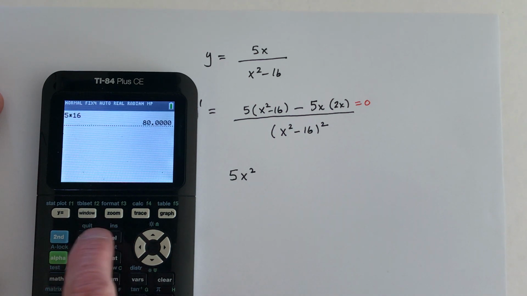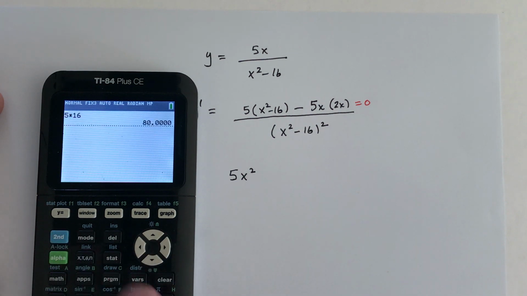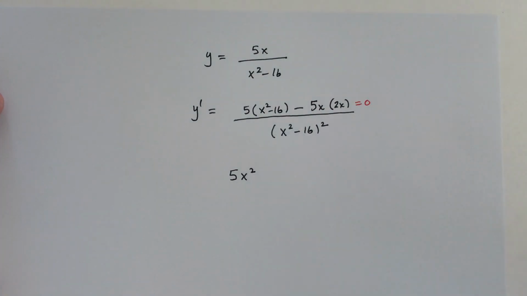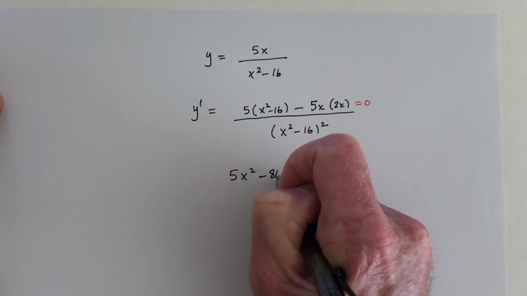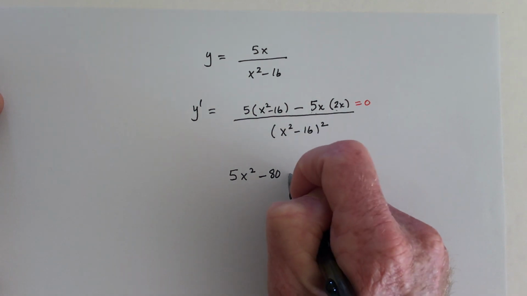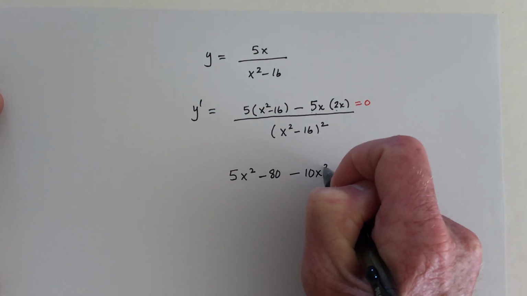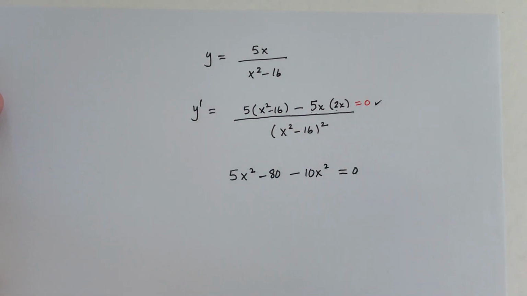And I'm going to change my calculator back to 3 decimals. I prefer 3. Okay, so it's 80. And it does have a minus sign, so minus 80. And then when you multiply these two, that's going to be minus 10x squared, and then we're setting it equal to 0. So if I put the x squares together, in total, that's going to be negative 5x squared.